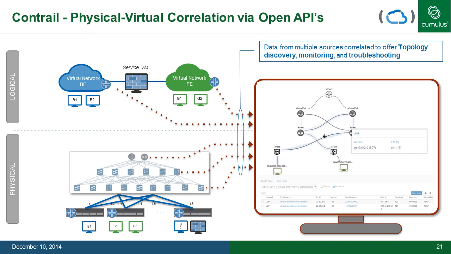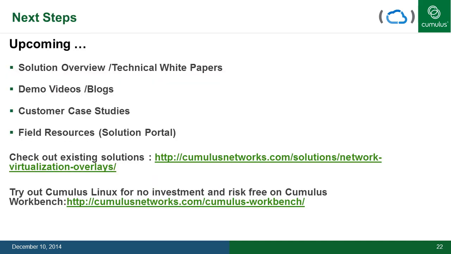So from an operational perspective, this is huge in terms of enabling better troubleshooting and making the operations folks comfortable that they can scale these overlays with existing operational paradigms. So that's a key piece of the evolution.